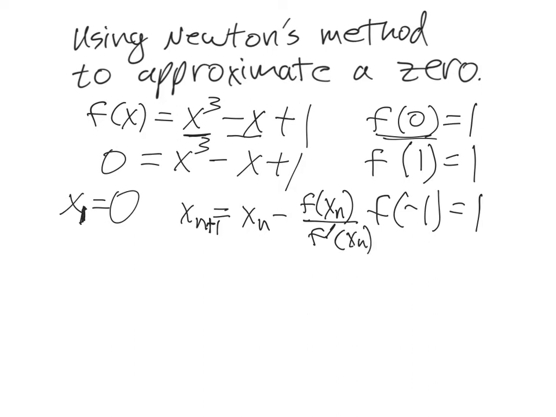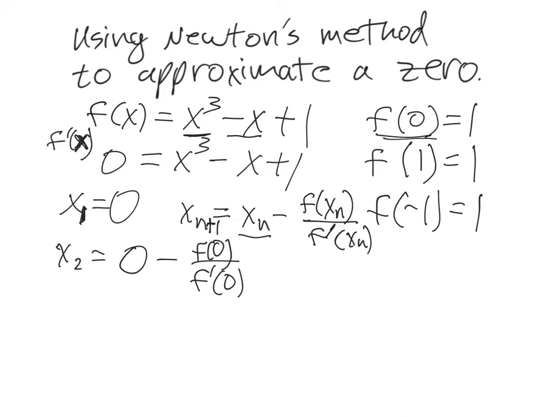Again, this is something you'll need to remember. So x sub 2 will be x sub 1 minus f of x sub 1 over f primed of x sub 1. Well, we've got f of x. We need to show what f primed of x is.